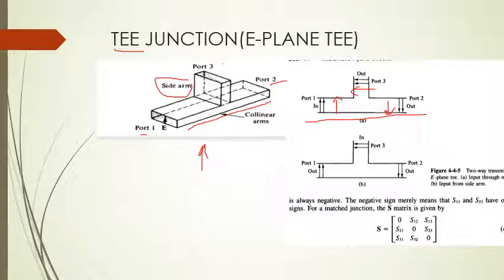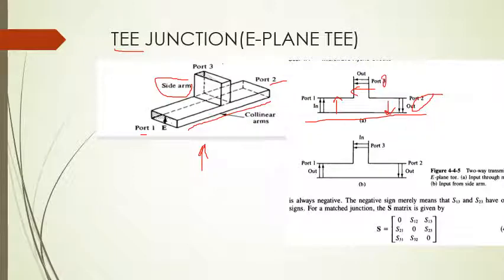Now how do we write this using the scattering matrix? If two signals are equal in magnitude and opposite in phase, this is S13, this is S23. So how do I write this equation?